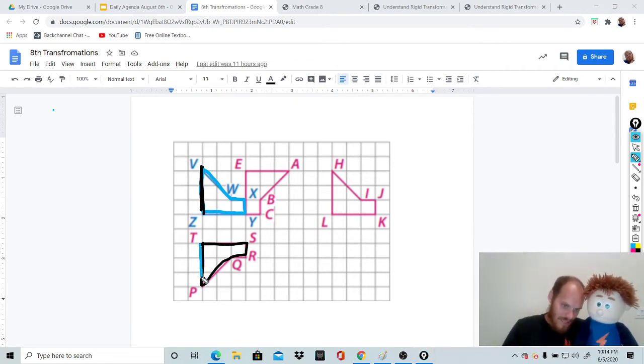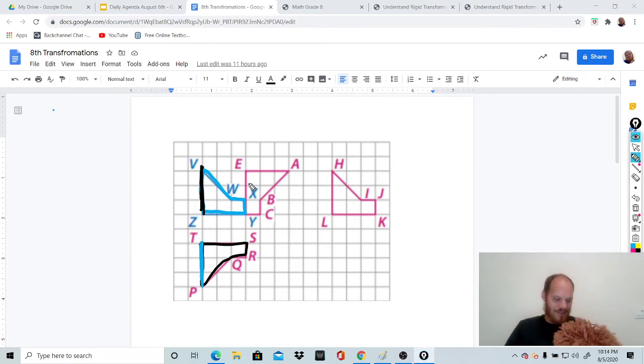This side right here, TP, is the one. So VZ and TP are corresponding sides, because they're the same side. They just happen to be in different parts of it, but they're corresponding because it's the same part.